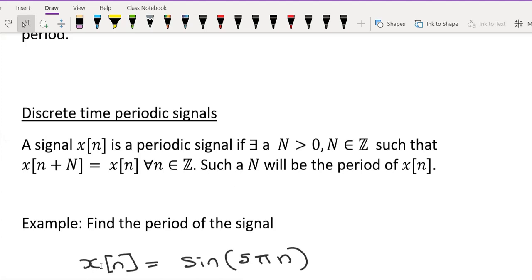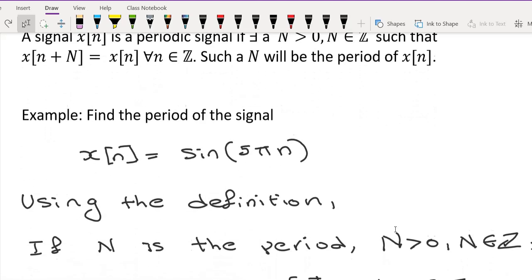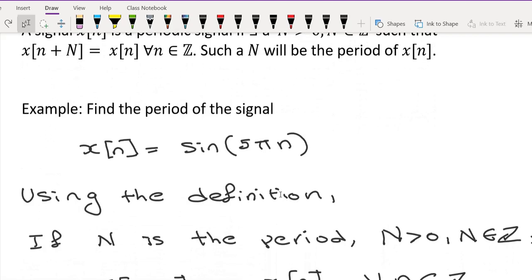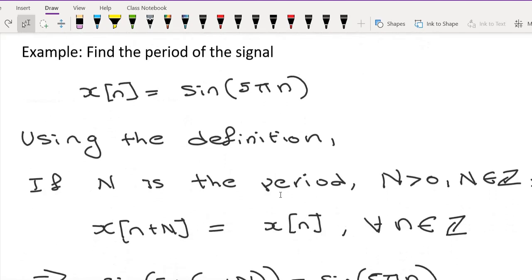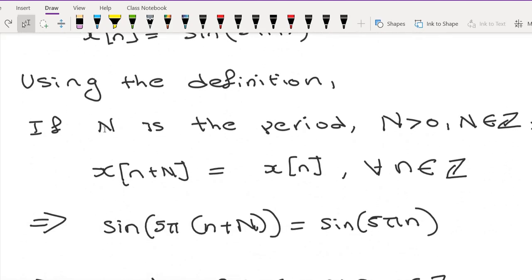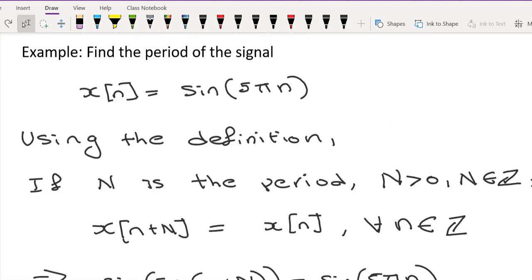Now let's use this definition to find the period of an example signal. Here I'm taking a similar example as I used for continuous time signals. Instead of sine phi pi t, I have x of n is sine phi pi n. Using the definition of a periodic signal, if capital N is the period, then N must be positive, N must be an integer, and x of n plus capital N must be equal to x of n for all values of n.